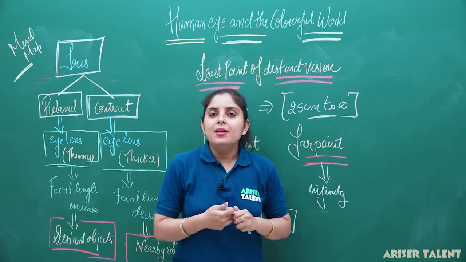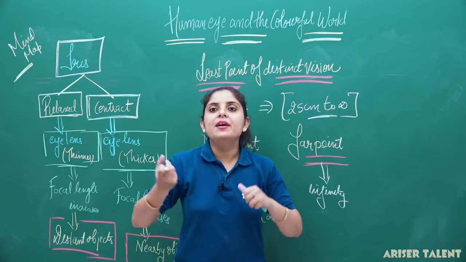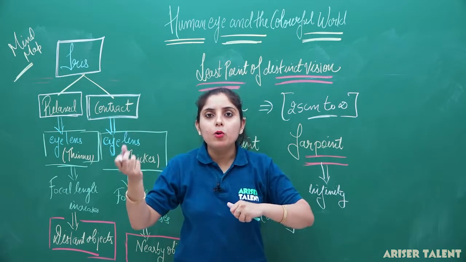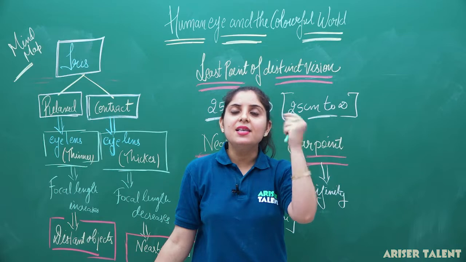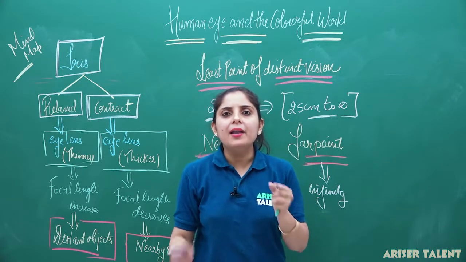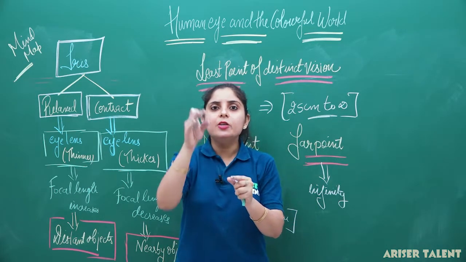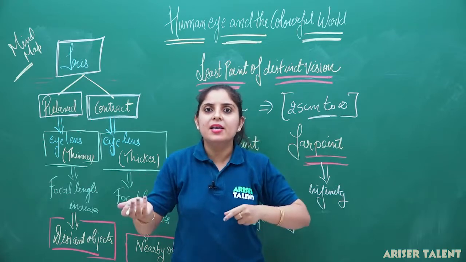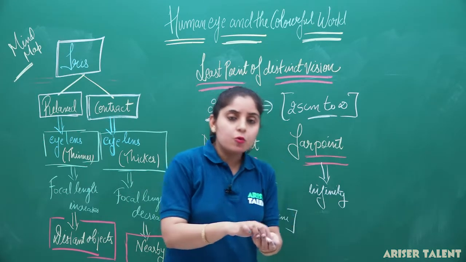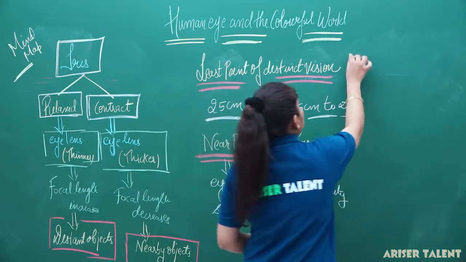Cataract surgery is performed in old age when people have lenses that become milky and cloudy and they are not able to see any object clearly. Either they will lose their eyesight. So this condition is known as cataract.